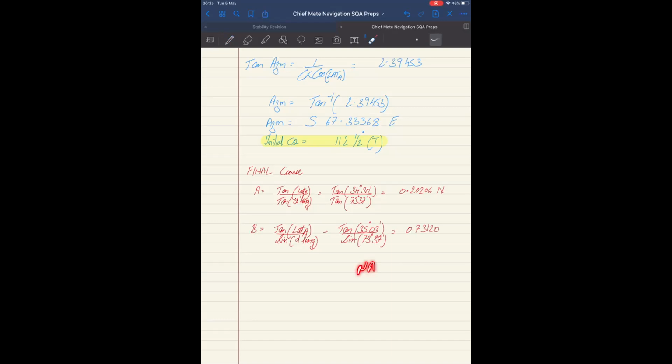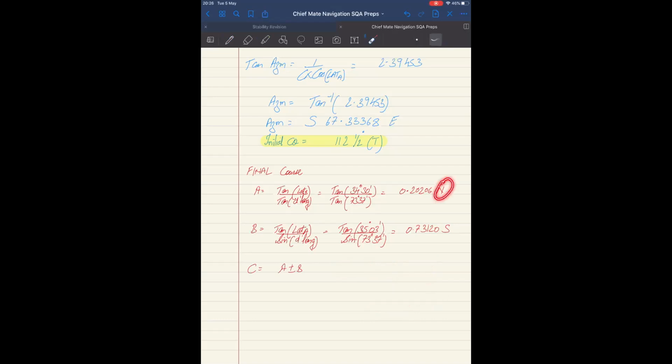Now again, it is the naming. The naming of B is always same as your final lat. In this case, our final lat was 35 degrees, 3 minutes south. So it will be south here. Now C is A plus minus B.